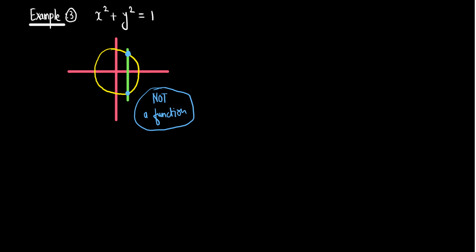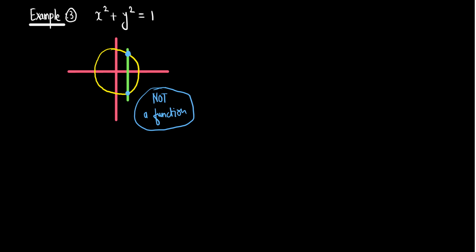If you have any confusion about whether an equation is a function or not, you simply make a vertical line test. Try to draw a vertical line as I have drawn in this example and see whether that vertical line cuts at multiple points or not.